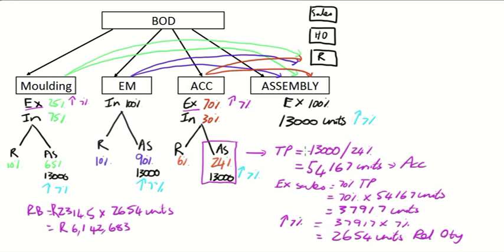So that's how it's done. Perhaps you can use this diagram to look at how we got to the relevant benefit for the moldings division using the same logic and thought process.